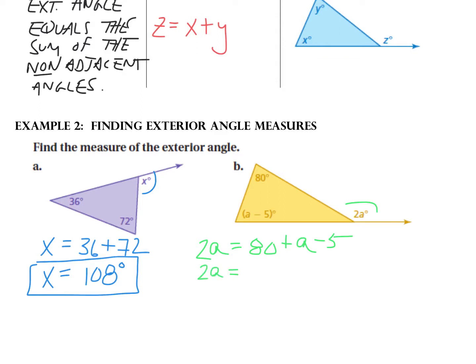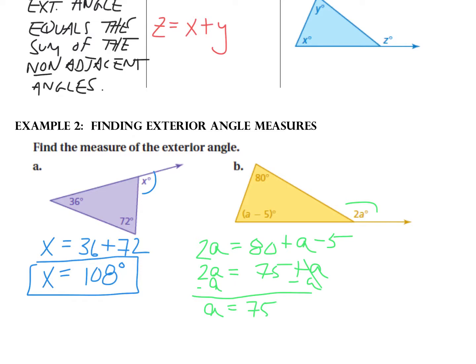So I have 2A equals, I can do 80 minus 5 plus A. Now remember, when we have variables on both sides, you bring them together either by adding them or subtracting them based on what you're seeing, and we do the opposite. So I'm going to subtract A to cancel it on the right. And remember, I have to do it to both sides to get A equals 75.